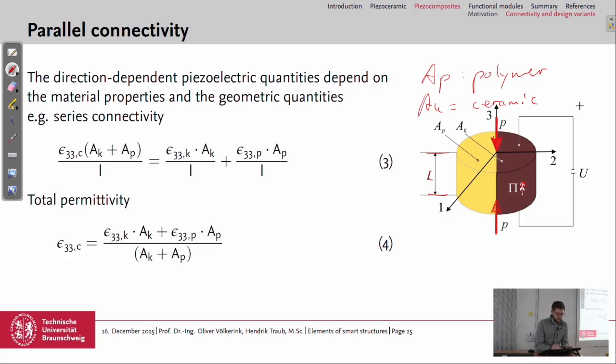And then we have this equation, which is similar to parallel connectivity of springs again. Permittivity of the ceramic times cross-section of the ceramic plus permittivity of the polymer times cross-section of the polymer. And then again we can transform it to the permittivity of the whole composite and get again an equation for the total permittivity.